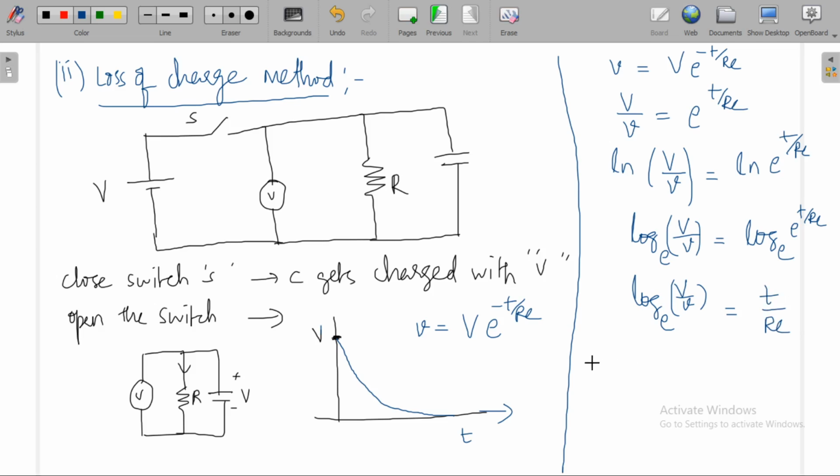From this, R is equal to t by C into ln, or log base e, of capital V by small v. In terms of log base 10, this will be equal to 0.4343 t by C log base 10 of capital V by small v.